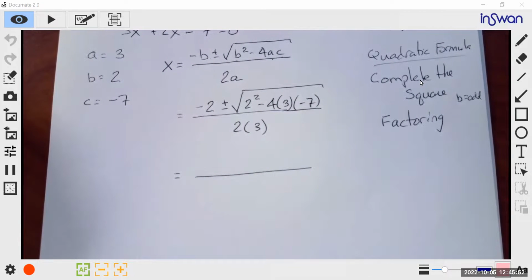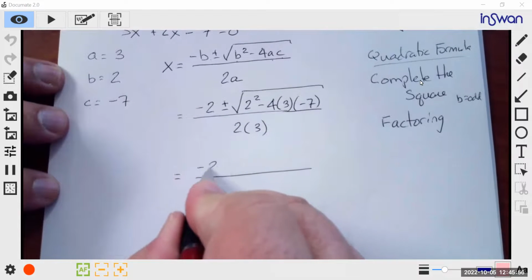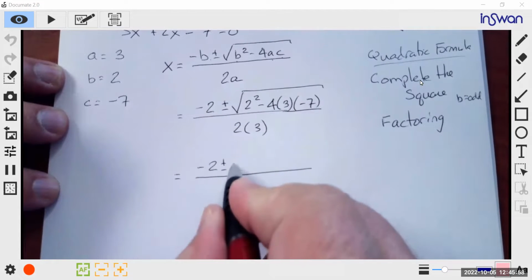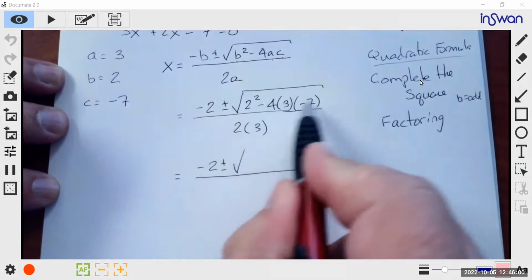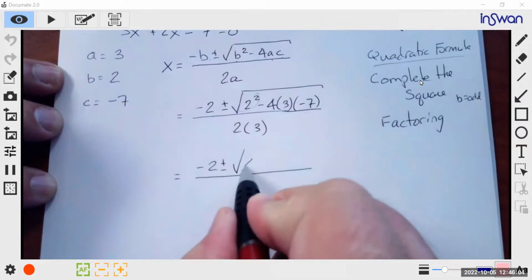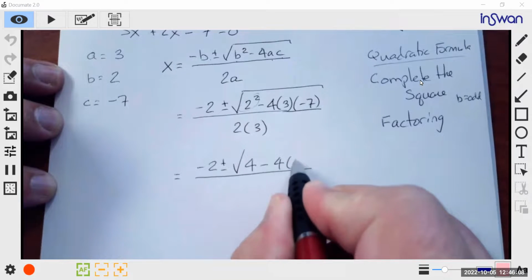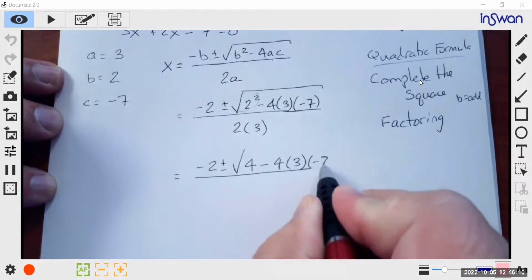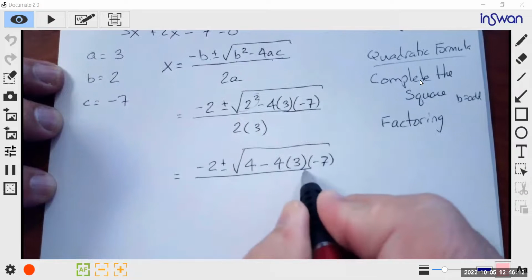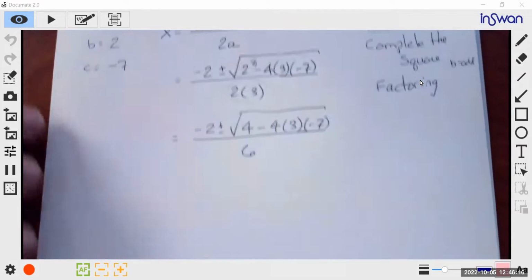So what do you do first? Inside the radical, special operation, we have to do the squared first. 2 squared is 4. And then on the bottom, 2 times 3 is 6.